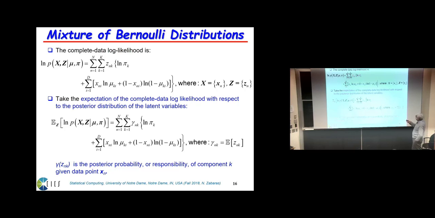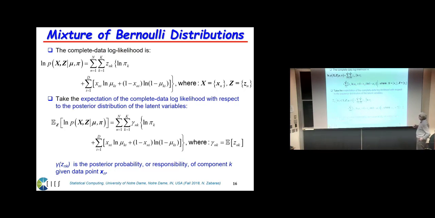And inside I have log pi_k from the mixing coefficients, and then for the binary variables, rather than the Gaussian components that we have seen before, we have a summation. You remember that each of these things looked like a product of mu to the power x_i and 1 minus mu to the power 1 minus x_i, right? So now the product becomes a summation.